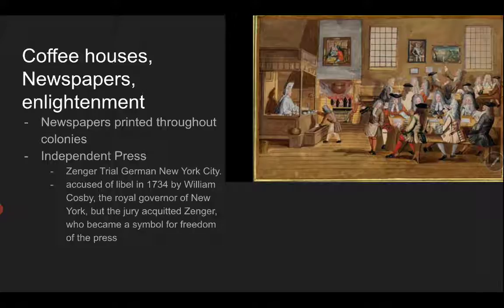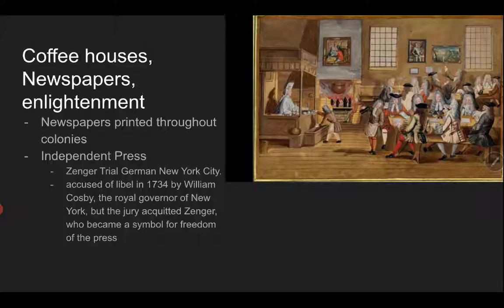Probably the biggest example is like the Zenger trial. He was a German. He's accused of libel by the governor of New York, but he gets off by a jury. And I think jury is a really big part of this, because local folks looked out for local folks. If your friend is brought up against the governor, you're going to side with your friend, and so juries a lot of times would let people off.